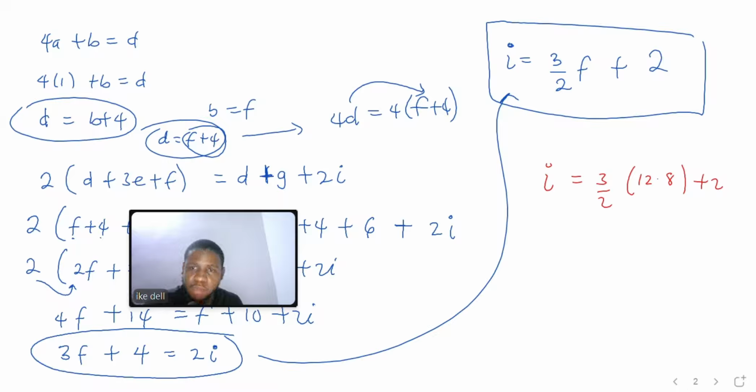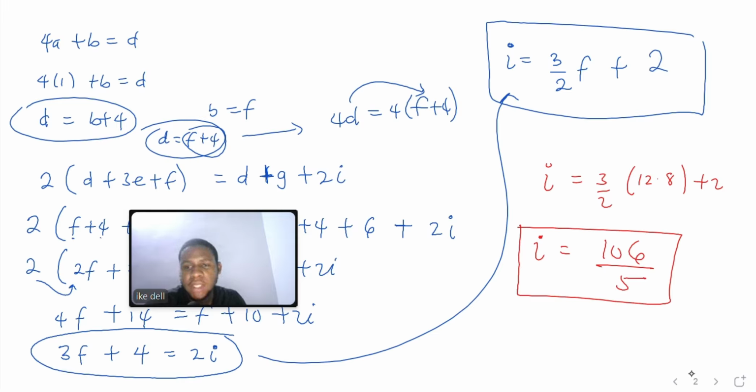And when you add that 19.2 to 2, you get 21.2. So 21.2 is the same thing as 106 over 5. Okay, so I guess we'll just hold that one. That's our I.